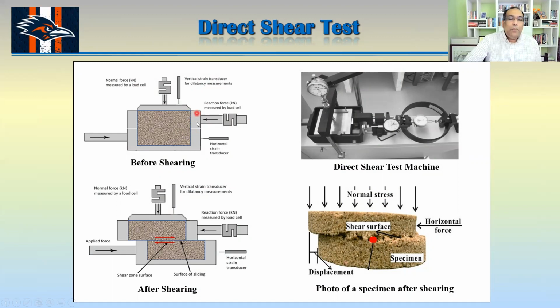This is the cross section of the box. We put the two parts of the box together, and there is a screw here.